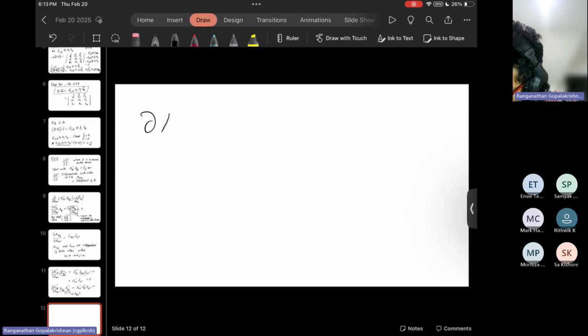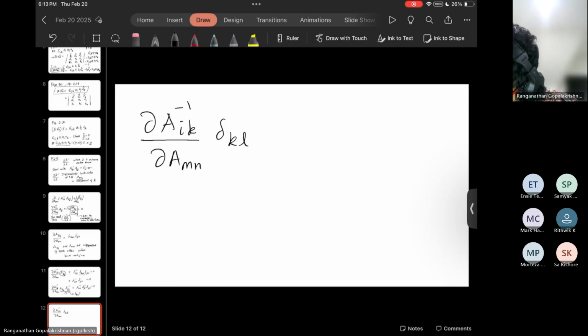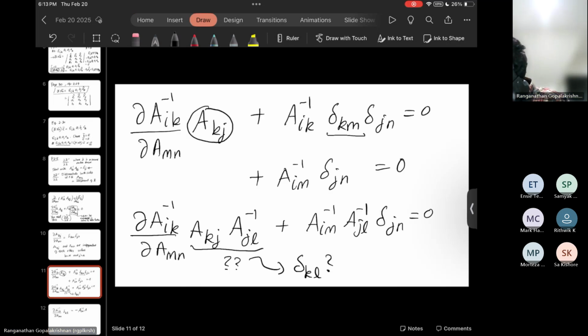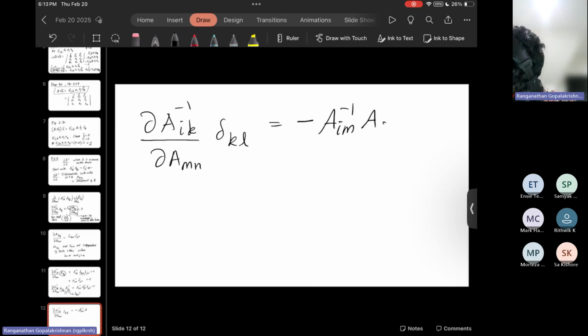So I can write partial derivative of A_IK inverse over A_MN delta KL equal to negative of A_IM inverse A_JL inverse multiplied by delta JN.